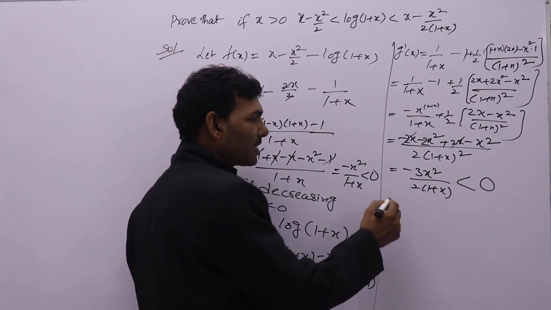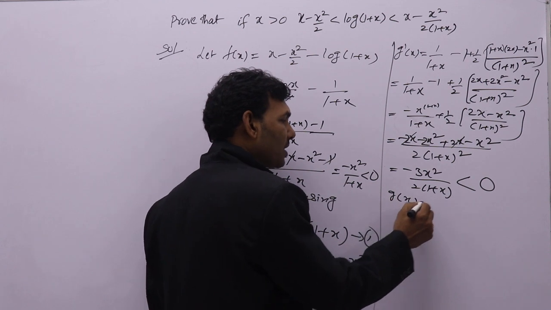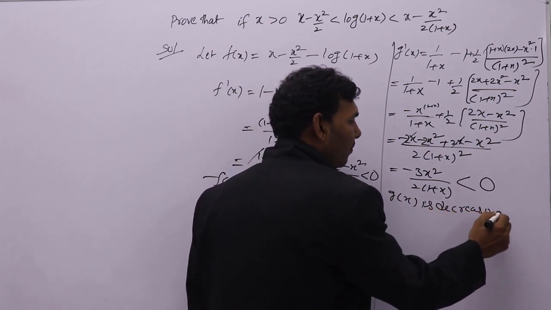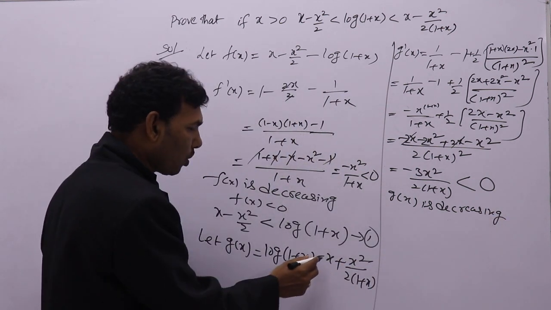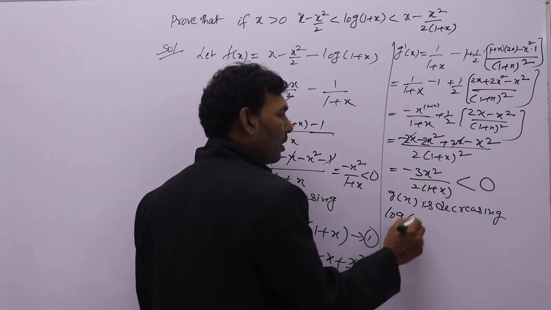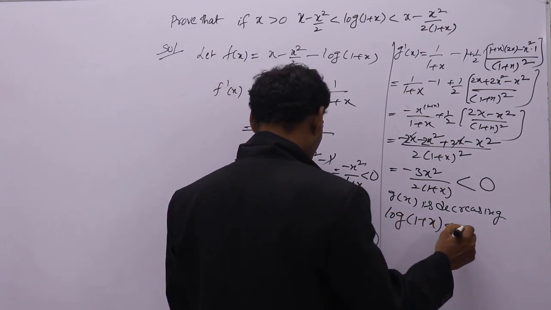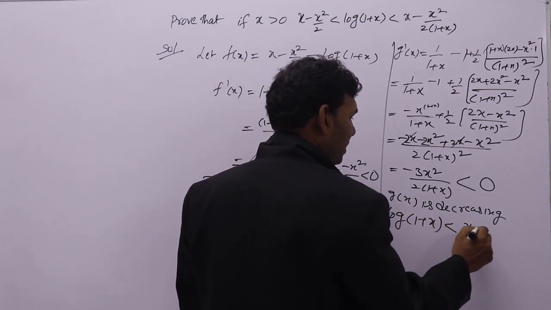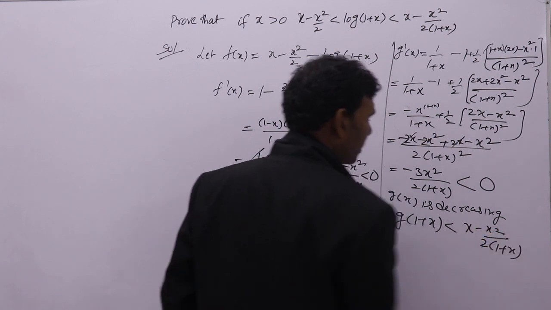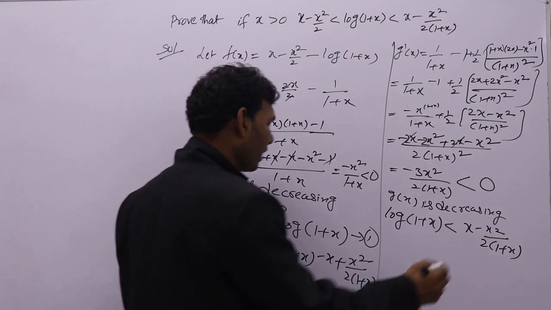So g dash of x less than 0 means g of x is decreasing. When g of x is a decreasing function, this will be less than 0. You can send this term to the right side. Second part you will get, that is log 1 plus x is less than x minus x squared by 2 into 1 plus x. Okay, this is the second equation.